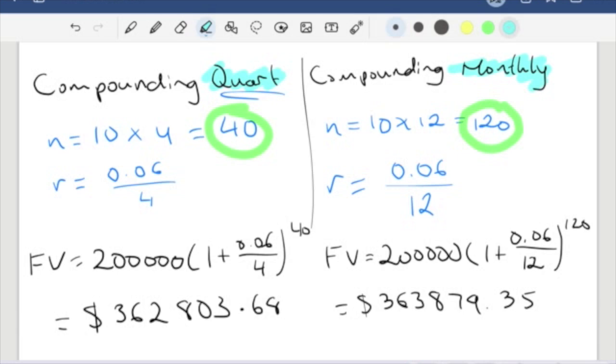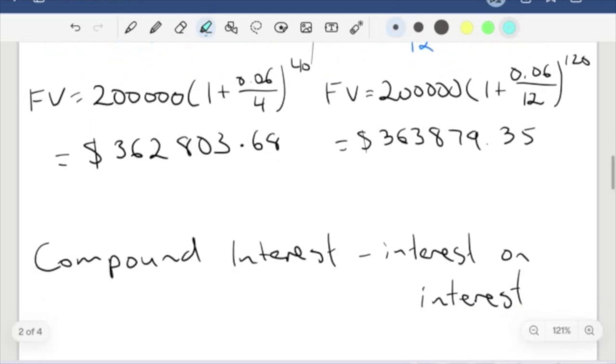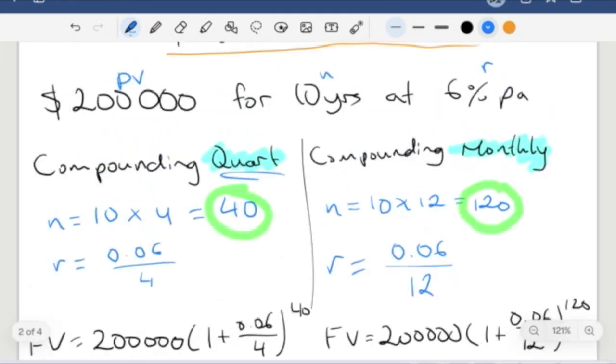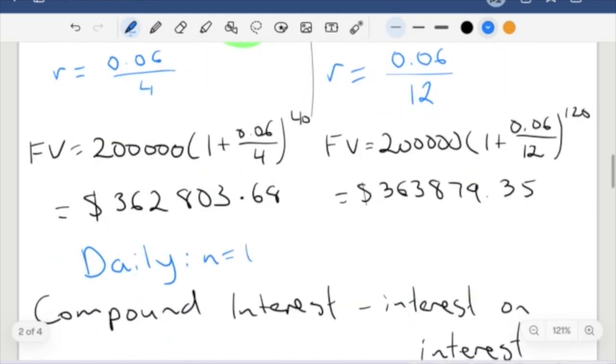If we brought this even down to daily, you can try this on your own, but say we looked at compounding daily. So your n would be 10 times 365, and your r would be 0.06 divided by 365.